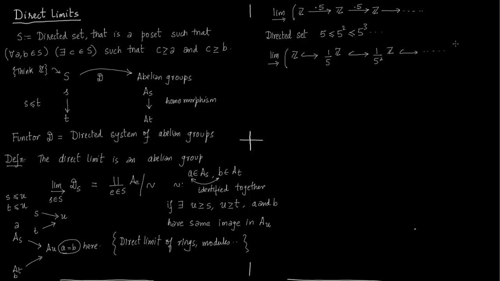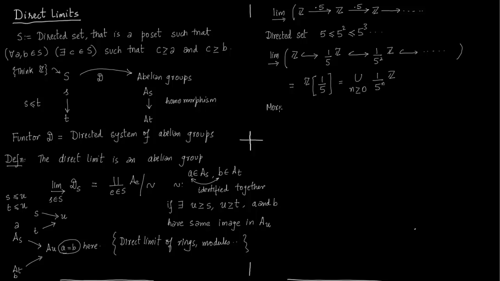That means all integers plus all rational numbers with denominator 5 and plus all rational numbers with denominator 25. So the direct limit is Z, instead of Z I am writing Z[1/5], so all integers and then all rational numbers with the denominator 5.